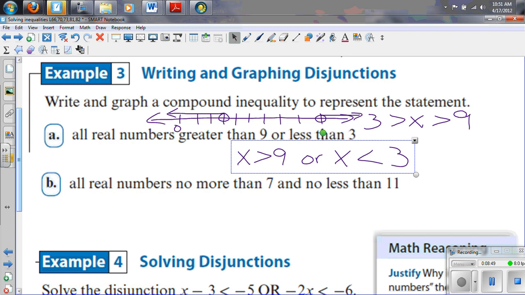So here's another one. It says all real numbers no more than 7 and no less than 11. So no more than 7 means that x has to be less than or equal to 7. And no less than 11 means that x has to be greater than or equal to 11. And so if we graph that again, then we're talking about numbers that are less than or equal to 7.